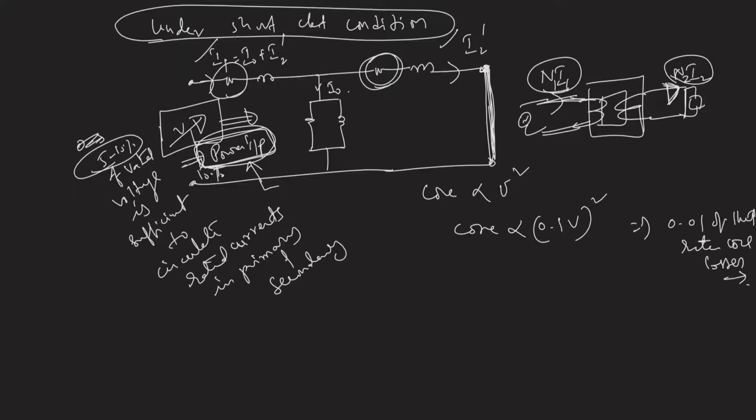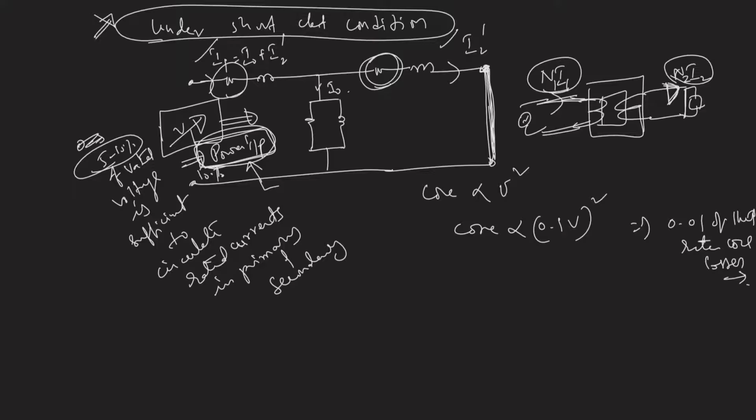Okay, so under these two extreme conditions, we came to know that the wattmeter reading under open circuit condition measures the total core losses, which are actually constant throughout its operation unless the supply voltage is varied.